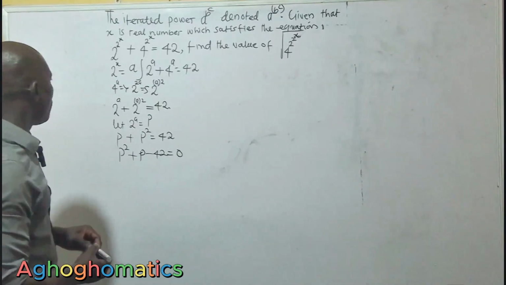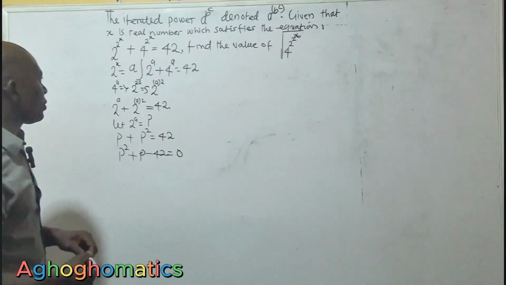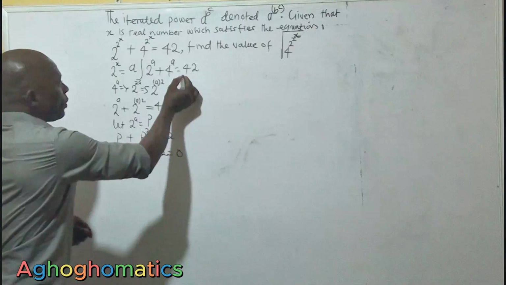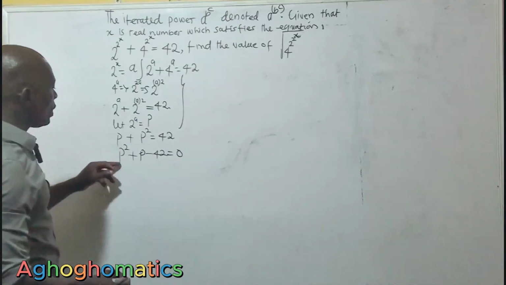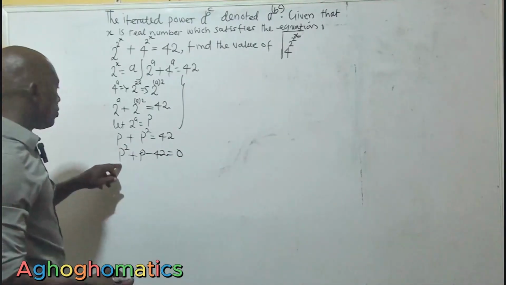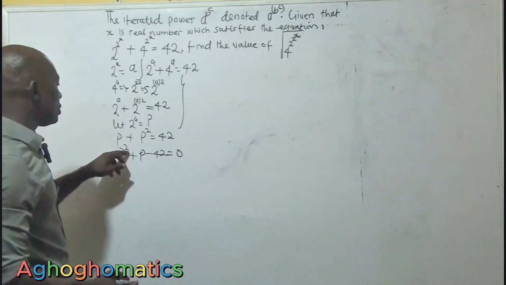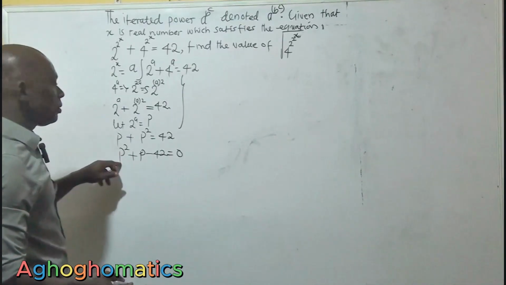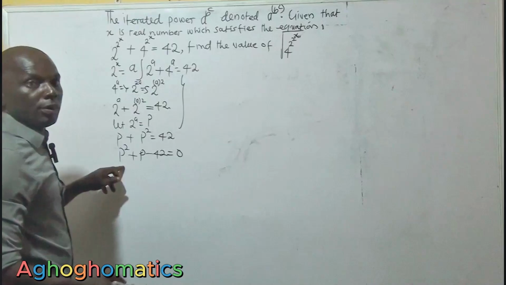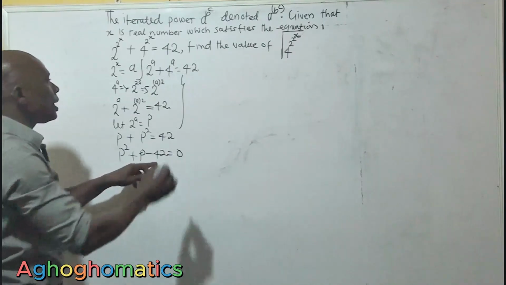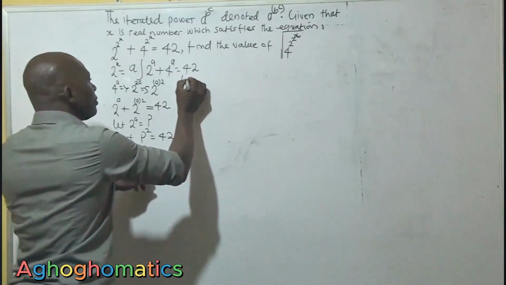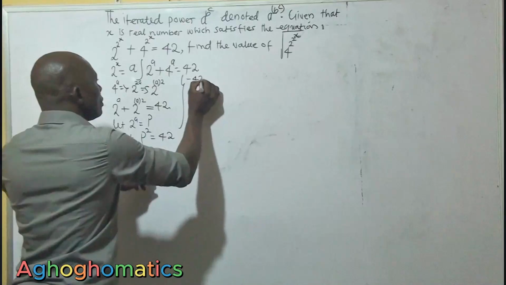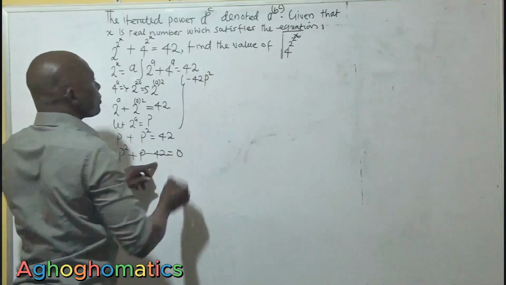For us to solve quadratic equations, there are some steps that you must follow. First of all, you must look for the highest power of the unknown, which is 2. You multiply the p square here by the constant term, and that gives minus 42 p square.